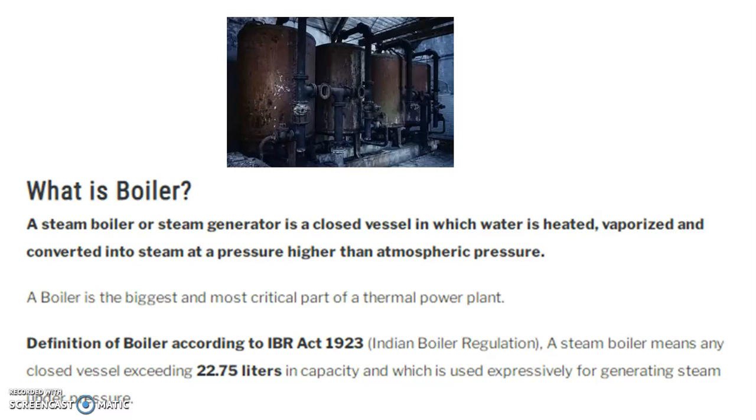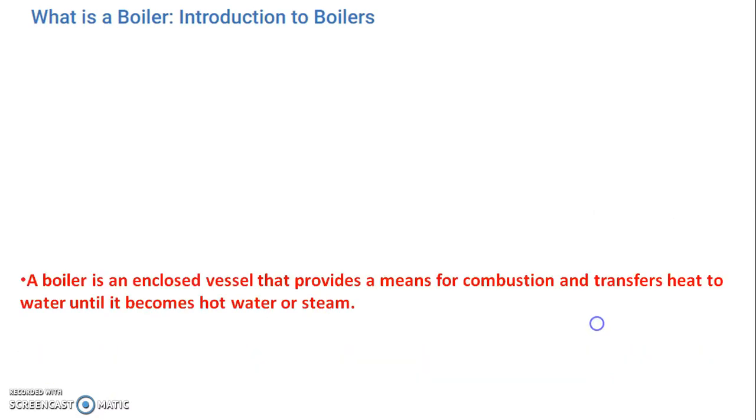Definition of boiler according to the IBR Act, the Indian Boiler Regulation Act: a steam boiler means any closed vessel exceeding 22.75 liters in capacity which is used expressly for generating steam under pressure. So this is the definition of boiler according to the Indian Boiler Regulation Act 1923. Then what is a process boiler?